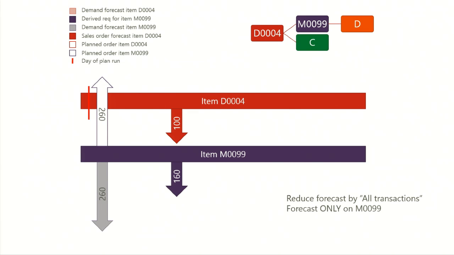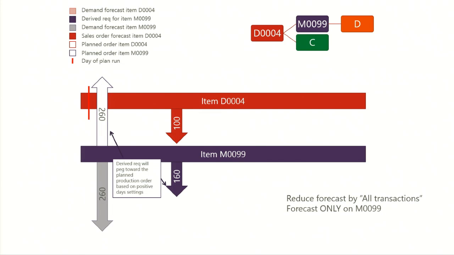And this is because, if you look in the corner, I had reduced forecast by all transactions, meaning that I want to reduce it by all transactions, both sales orders and transactions coming from production. It could also be from Kanbans, what have you.